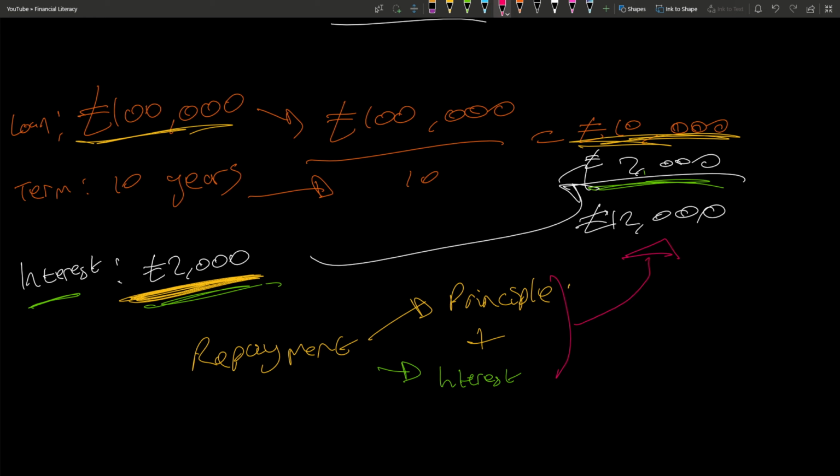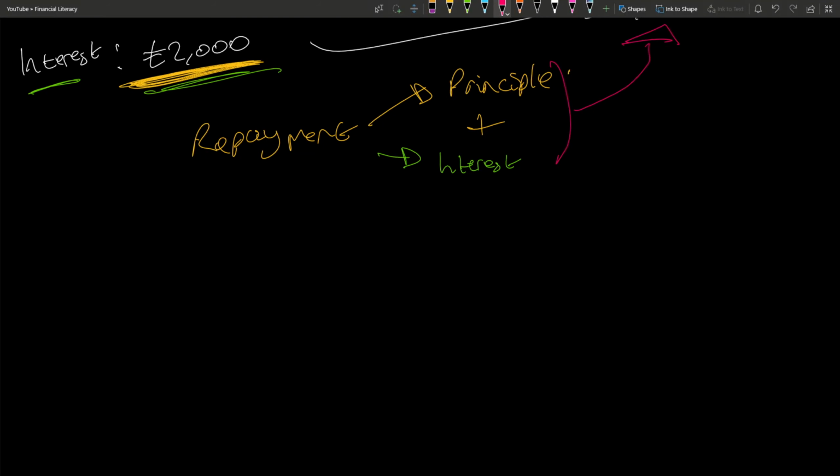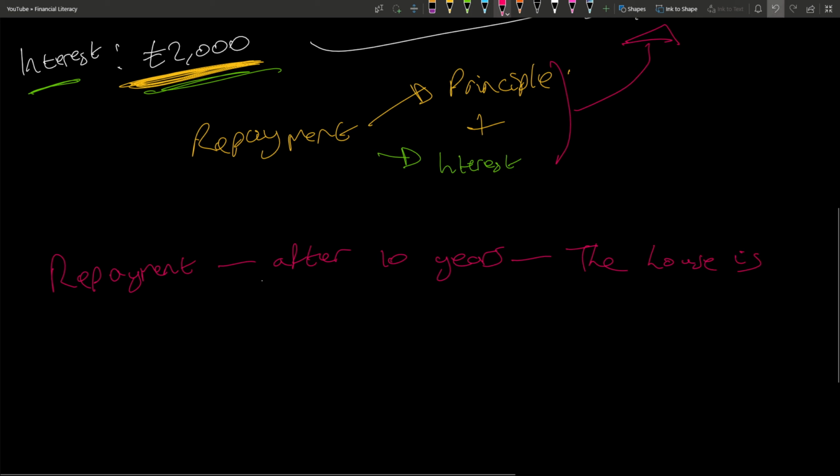So ultimately what the difference comes down to is this: if you do a repayment mortgage in this scenario, after 10 years, because that's how long the mortgage is, it could be 5, it could be 25, it could be 35, the principal is the same. After 10 years, the house, or it could be a flat, I'll say property just not to confuse anyone thinking is this different for flats.